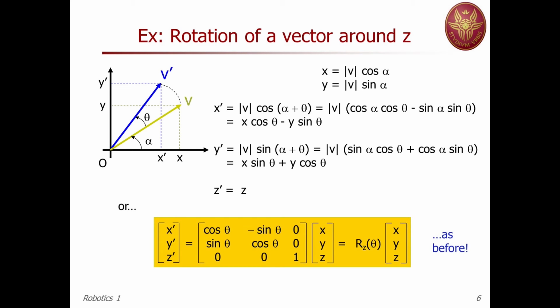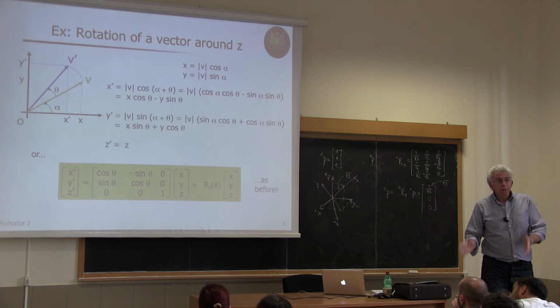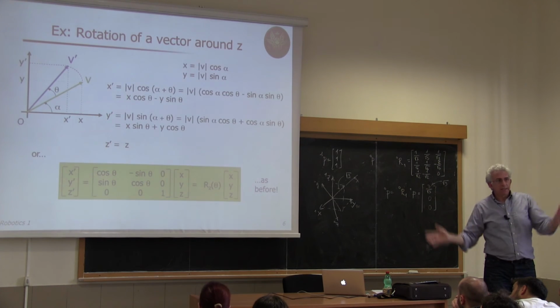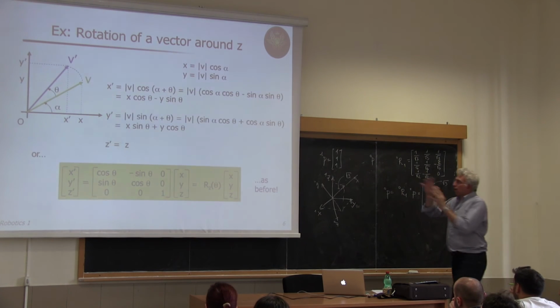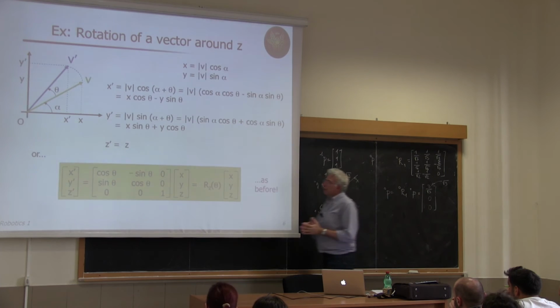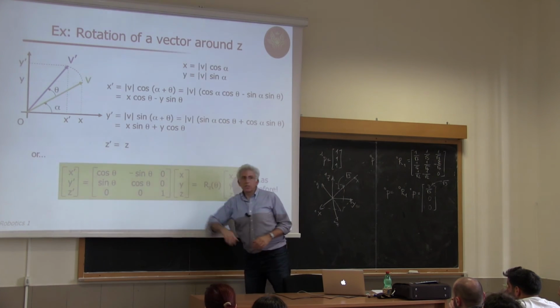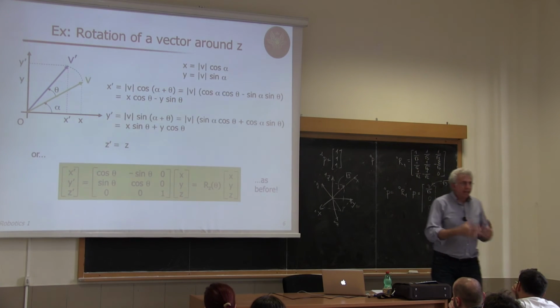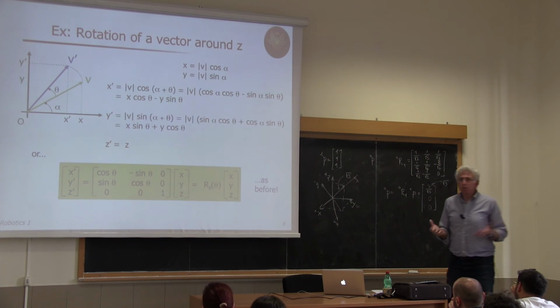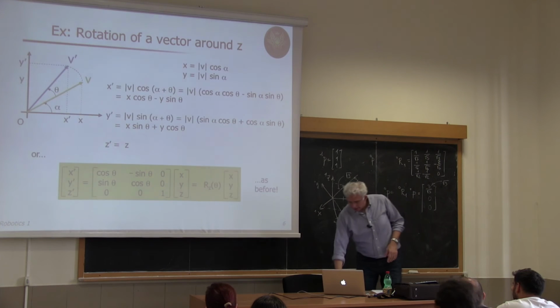In fact, I was giving a rotation around the z-axis. But this holds true if I'm giving a rotation around any axis to any vector, and the result, the rotated vector, is obtained through the rotation matrix applied to the original coordinates. And again, rotation. This is why it's called the rotation matrix.